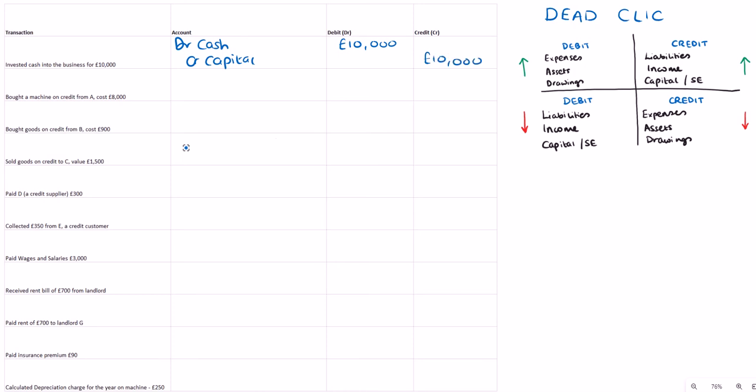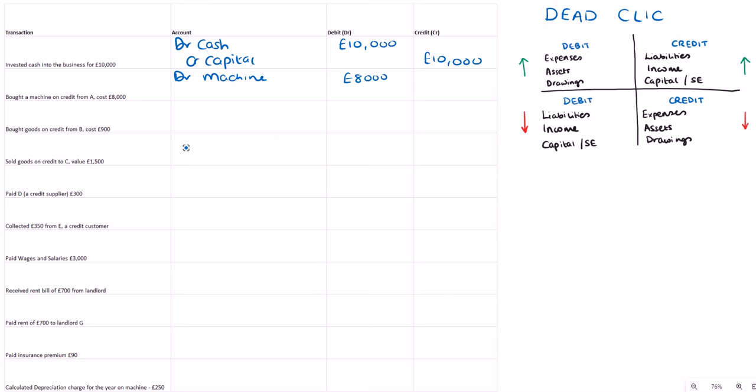Next one, bought a machine on credit from A for a cost of £8,000. So I've bought a machine and that's an asset for the business. So that's going to increase the asset. So debit machine for £8,000.